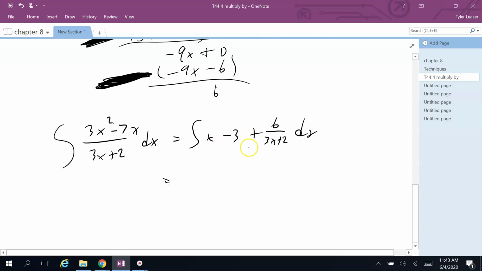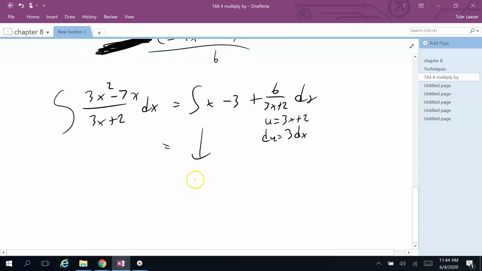We're going to think about this as 3 separate integrals. The x is easy. The negative 3 is easy. This one would take a little bit of work, right? It would just be a u substitution, though. So here we're going to let u be the 3x plus 2, and then du would be 3 dx, which means that this I'm going to leave as the integral of x dx plus the integral of negative 3 dx plus this one I'm going to do the u substitution with.